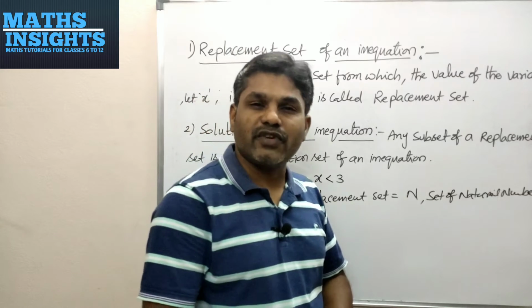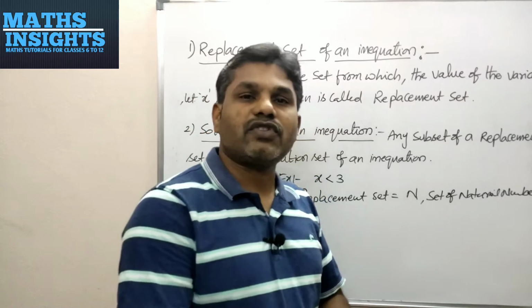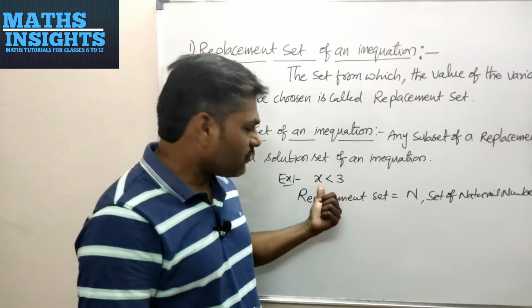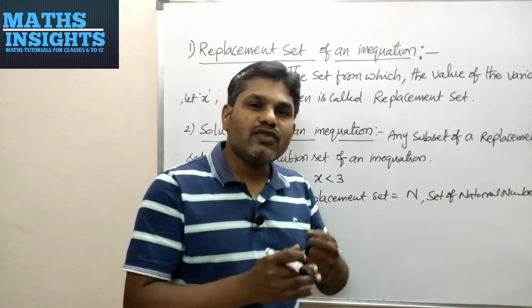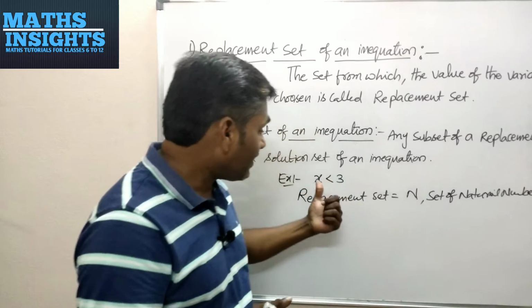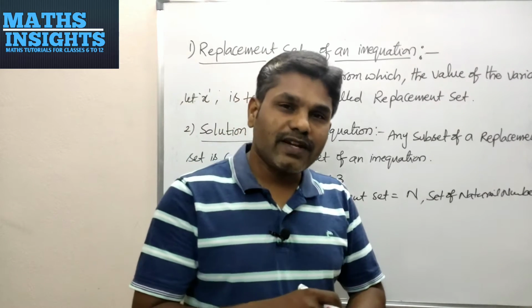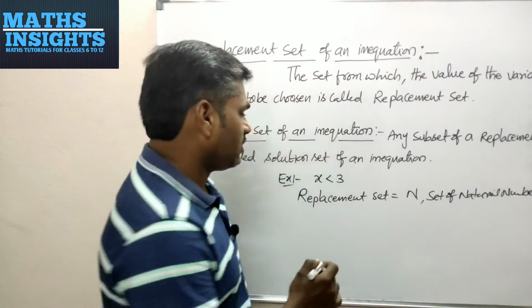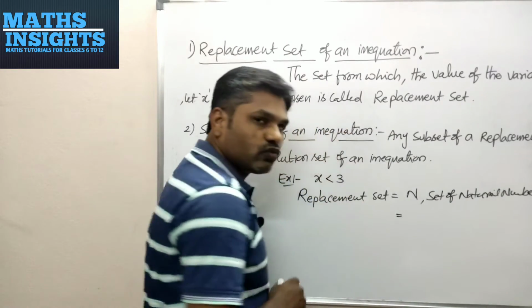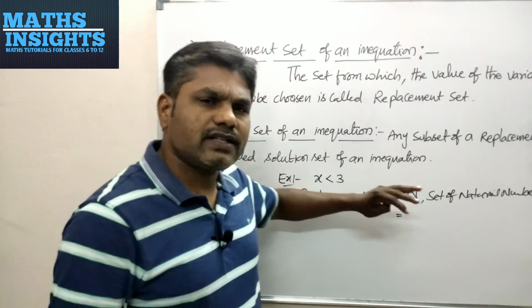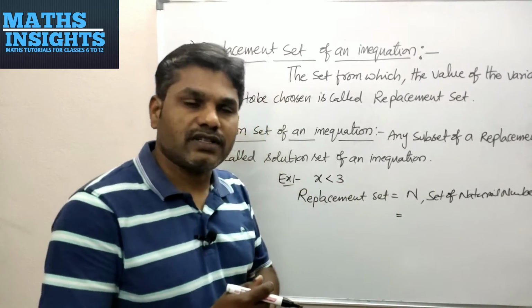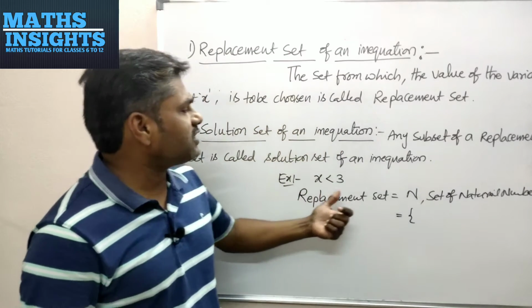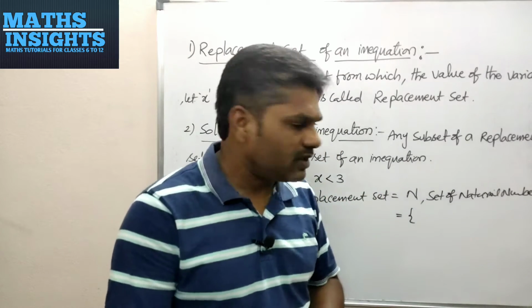You know natural numbers are counting numbers. I made a separate video for that also. You may watch that video. Natural numbers are the counting numbers. If you take the values of natural numbers which are less than 3, you will get only 1, 2. Then if you want to write the solution set, they are clearly mentioning that the replacement set is the set of natural numbers.